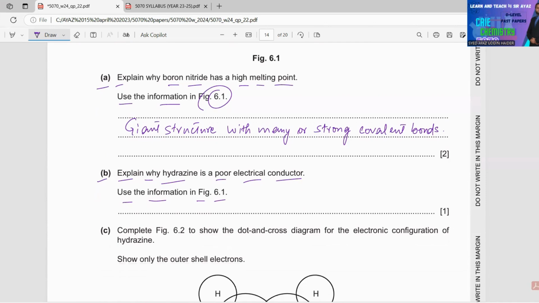So it must not have any mobile electrons. So you write mobile electrons are absent.